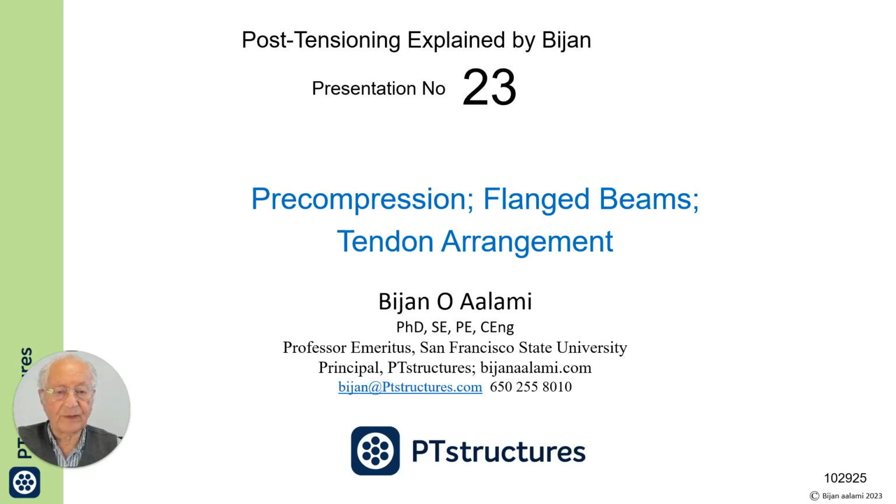Precompression, flanged beams, and tendon arrangement. Precompression is an important item when it comes to post-tensioning. Some of the ACI design requirements and tendon arrangements are based on the understanding of precompression.